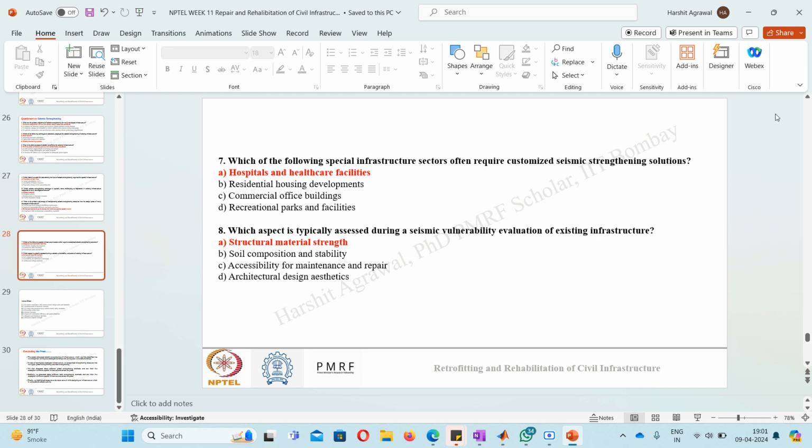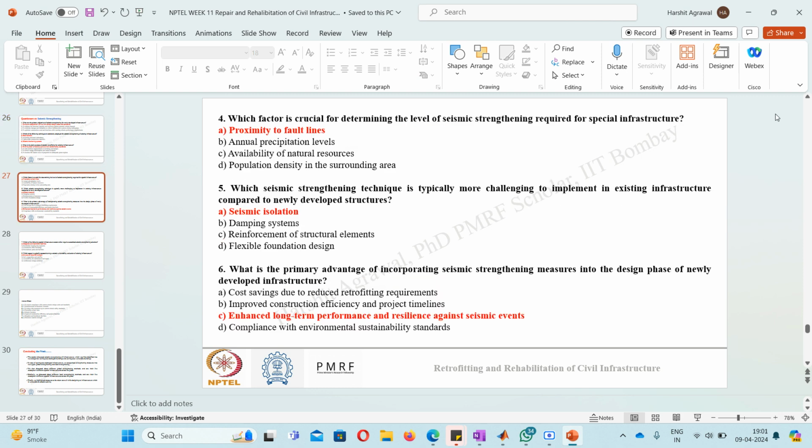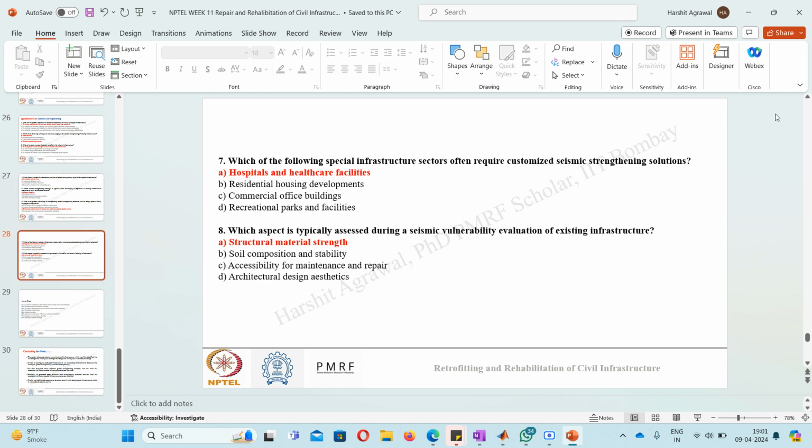Okay, so these were some questions related to seismic strengthening. These are very general questions, and they will help you to get that thinking of seismic retrofitting. I haven't gone very deep into seismic retrofitting, seismic design and all, because that is a separate code, a separate course kind of thing.